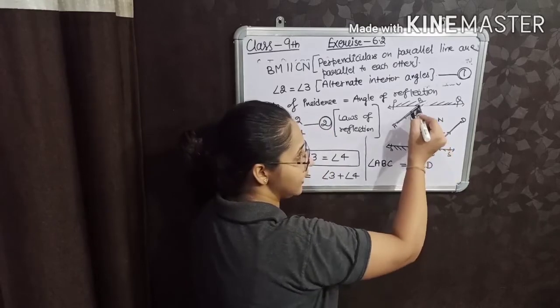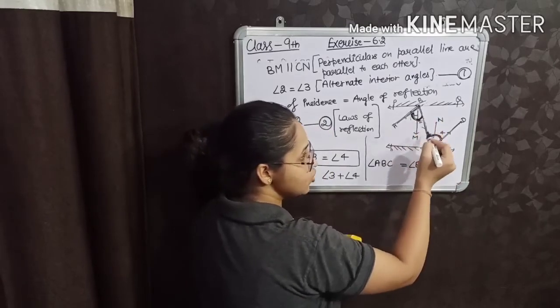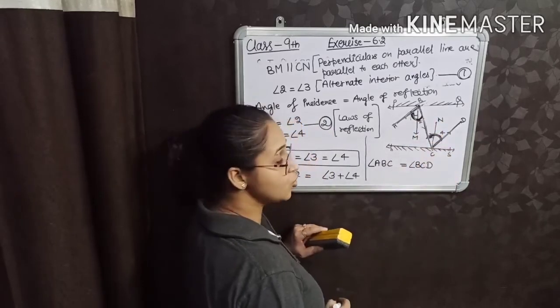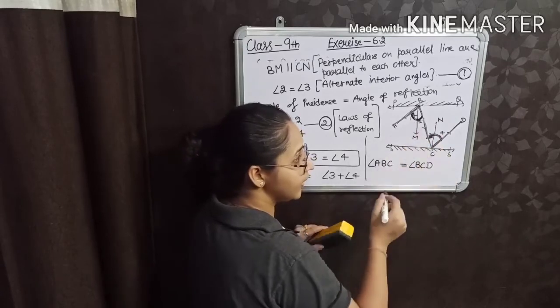This BC is a transversal line. These two angles are alternate interior angles.